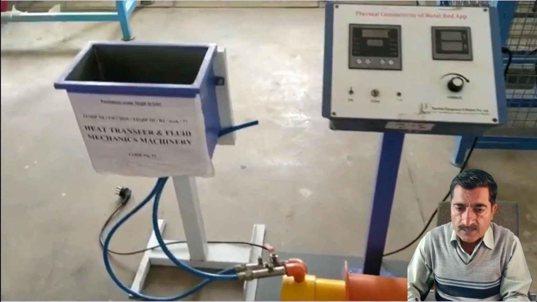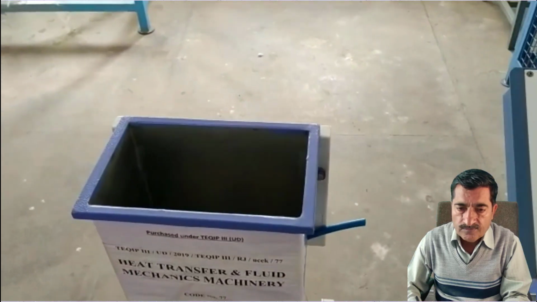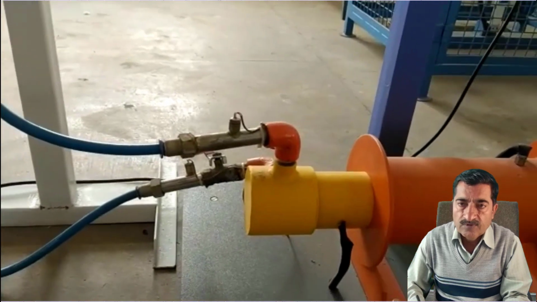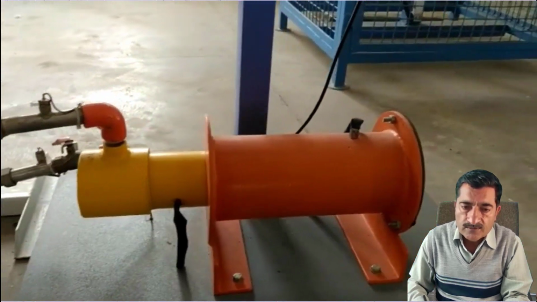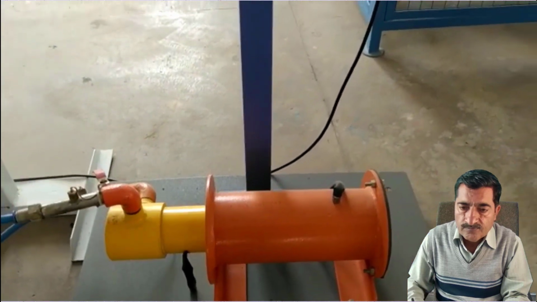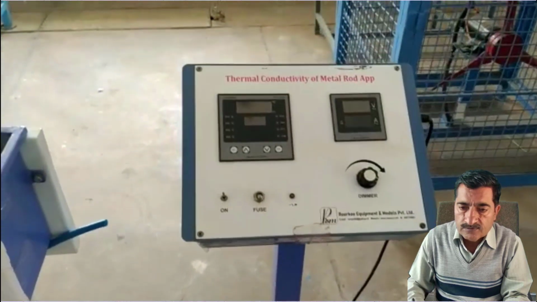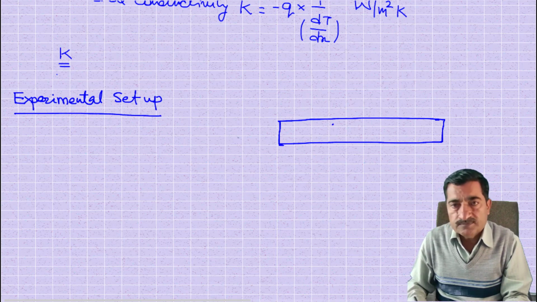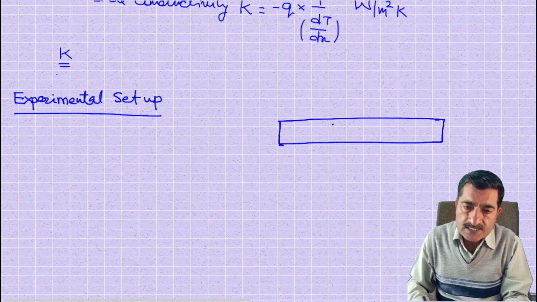This is the metallic bar. We have to find out the thermal conductivity of this bar, and this is the lateral surface.